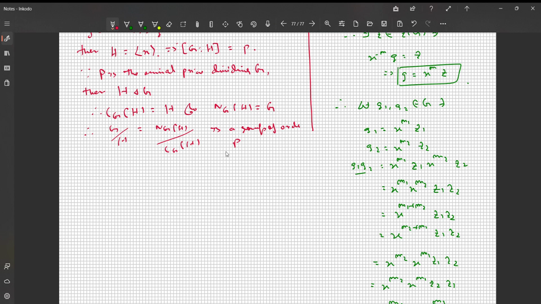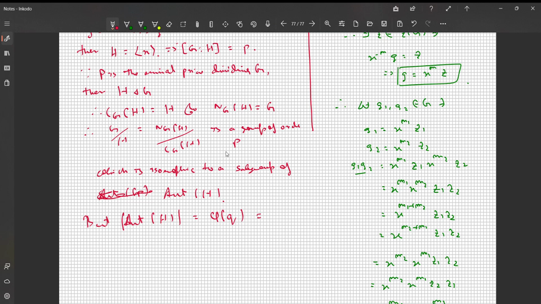This we have proved in the corollary of the first proposition, which is isomorphic to a subgroup of automorphisms of H. But we proved in the previous proposition that the order of the automorphism group of H is psi of Q, that is equal to Q minus 1, right?